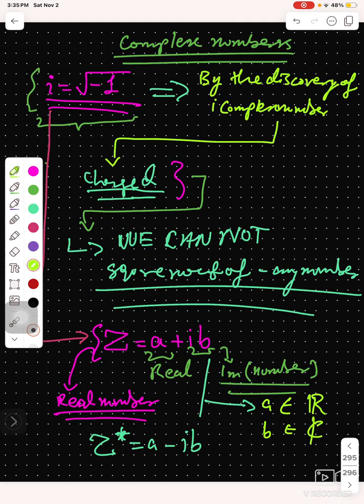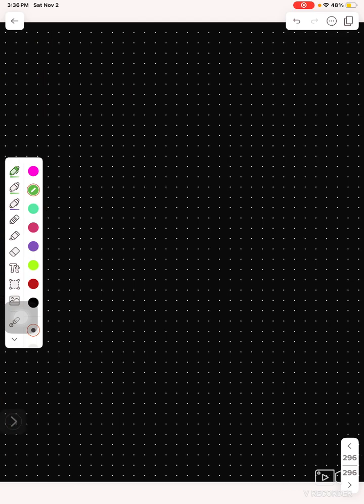Okay, so how could we think of the complex number? Let's suppose we have a complex space. In this complex space, the x-axis is defined as a, the y-axis is defined as b, or minus b would be fine, and the complex number is the point in the middle.